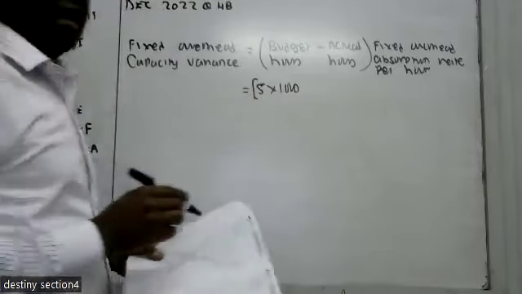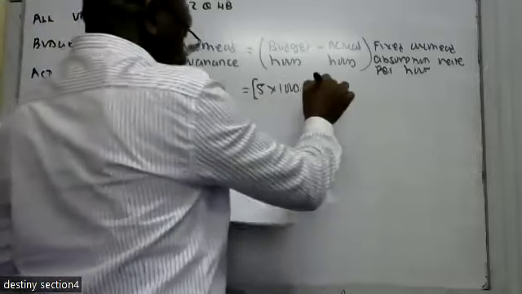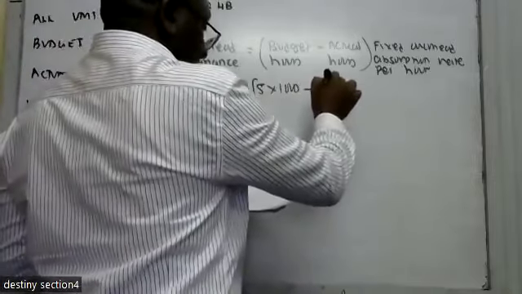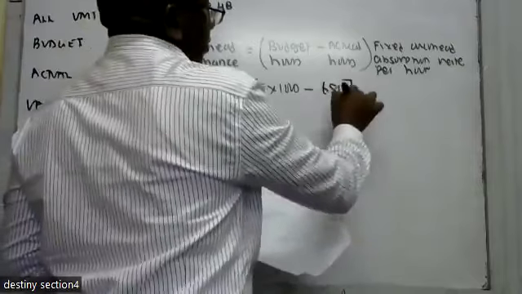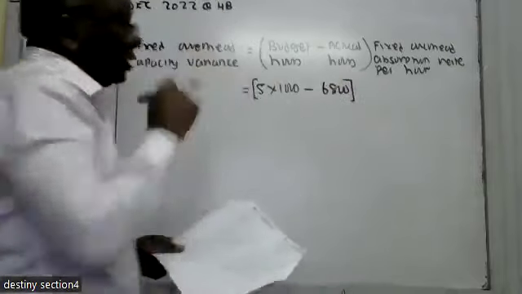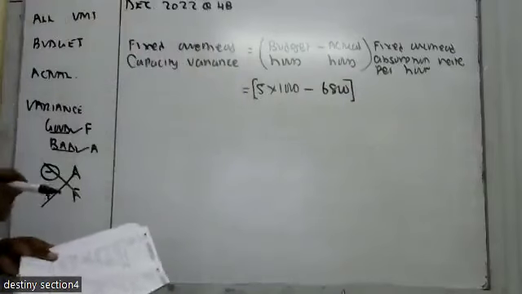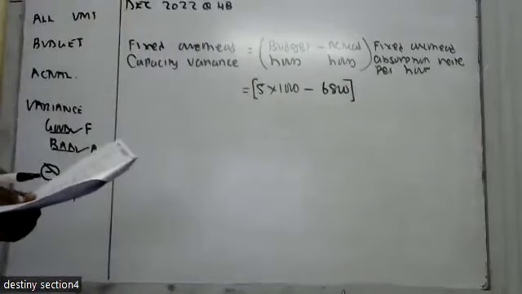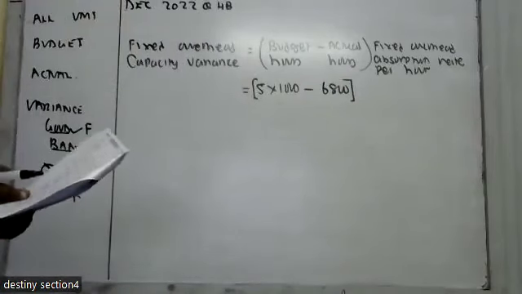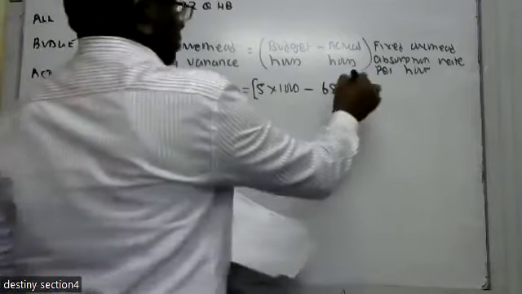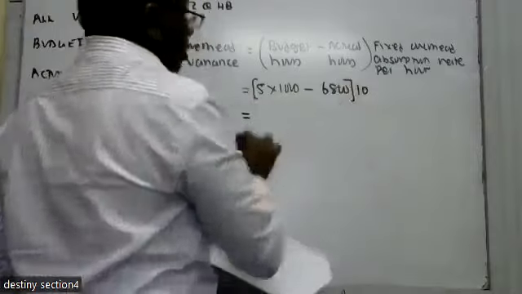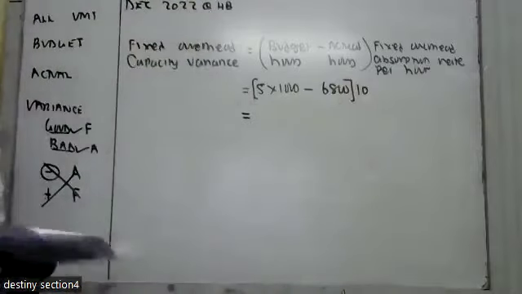Then you minus the actual, tukakuja tukatumia 6,800. What is the fixed overhead absorption rate per hour? Unarudi kwa standard card. Unaona wamekupea kwa fixed overheads 5 hours at what? 10. Hizo ni zile OER zenye tumekuwa tukicompute.